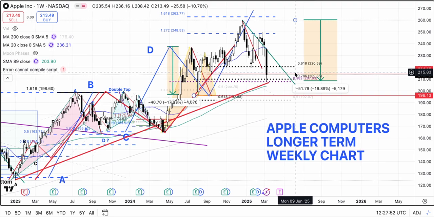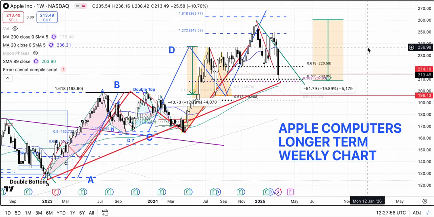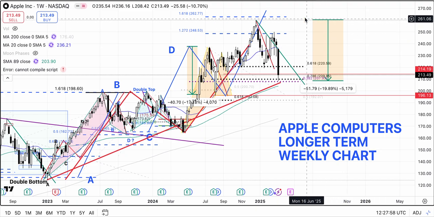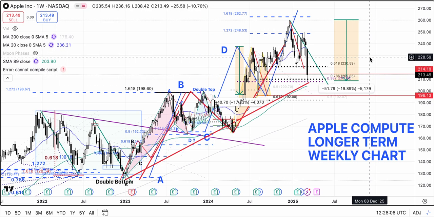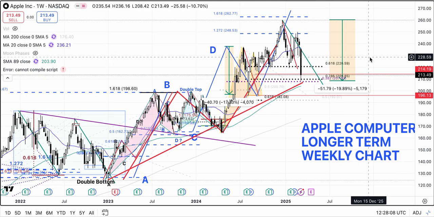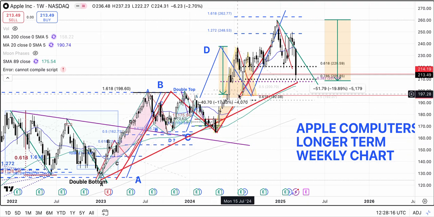Now, some really interesting aspects which we can look at in terms of Apple is that this move down thus far has been approximately 19.9%, so we'll just call it 20%. And Apple has had a previous move down since it put in a bottom in January of 2023 of about 17% right here, which came in on the 5th of August.